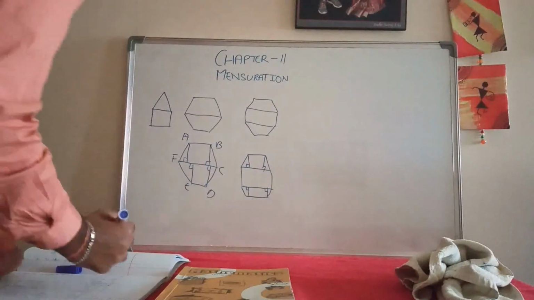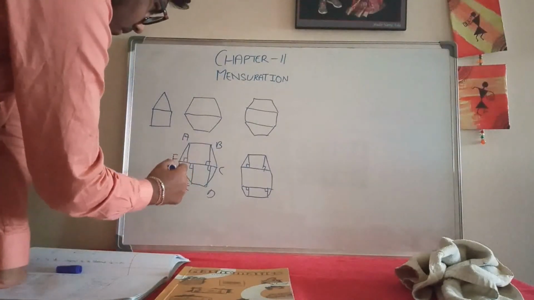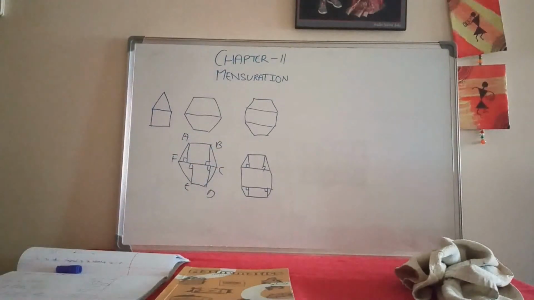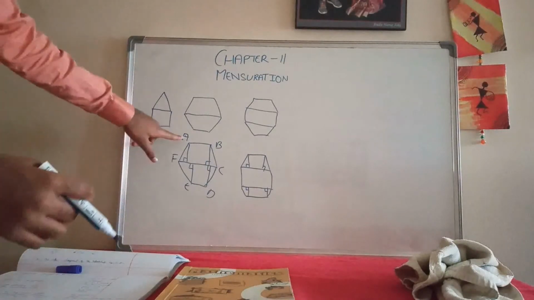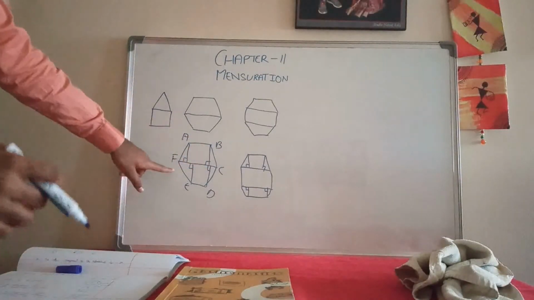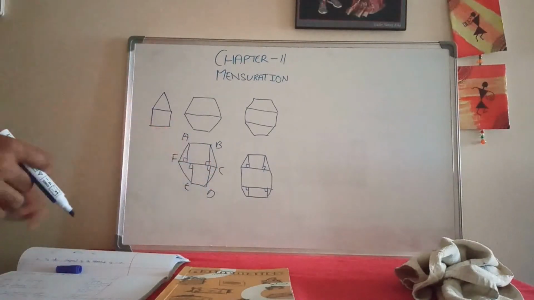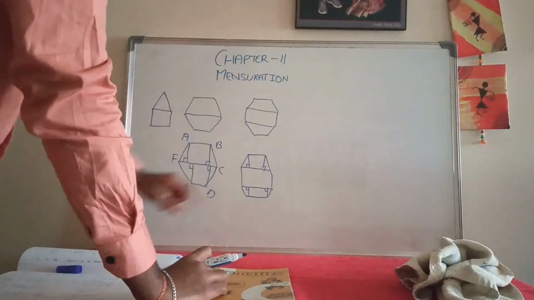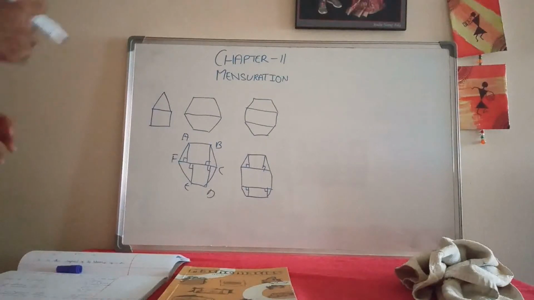According to the general quadrilateral formula, it will be 1 by 2 into h1 plus h2 if there are two perpendiculars. Here there are four perpendiculars, so it will be h1 plus h2 plus h3 plus h4 into the diagonal. When we do this, we find the area. The same thing can be done for this, but this is for better understanding.